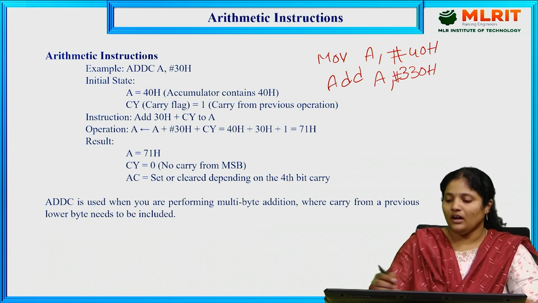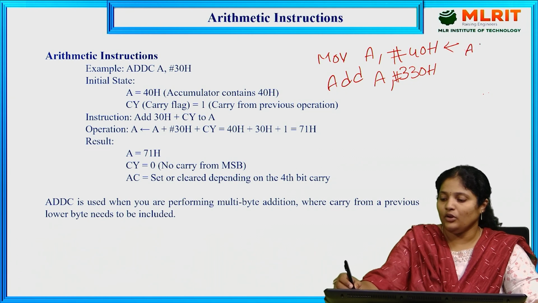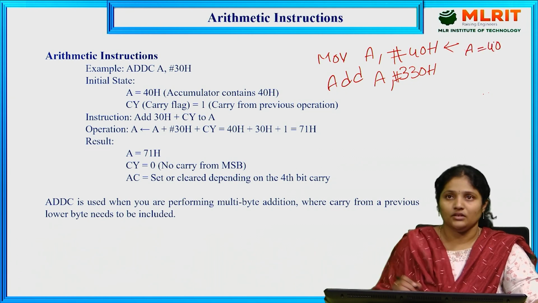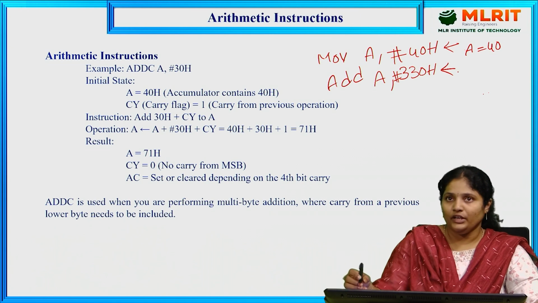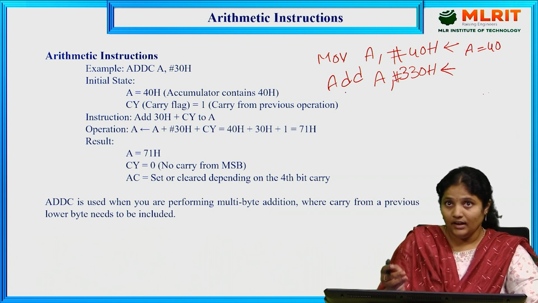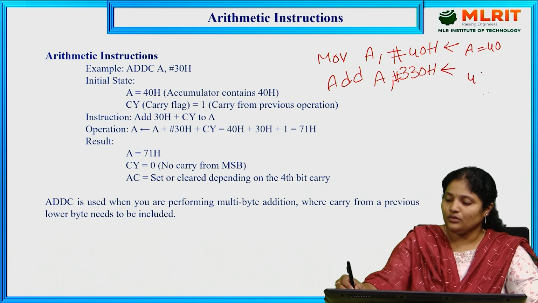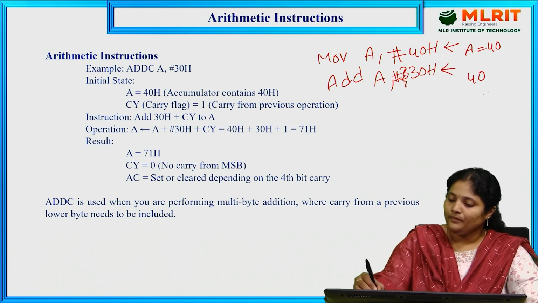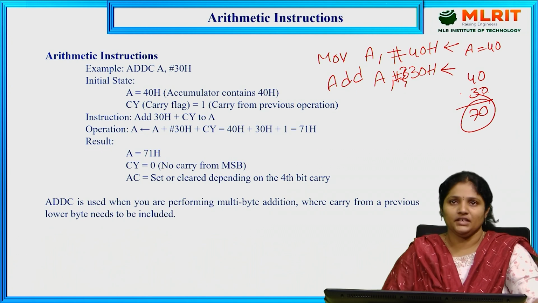After performing the first instruction, the accumulator A will be loaded with 40H data. Then the addition operation is performed. I didn't mention the carry, so a general addition will be used. So 40 will be added to 30 and the output will be 70H.